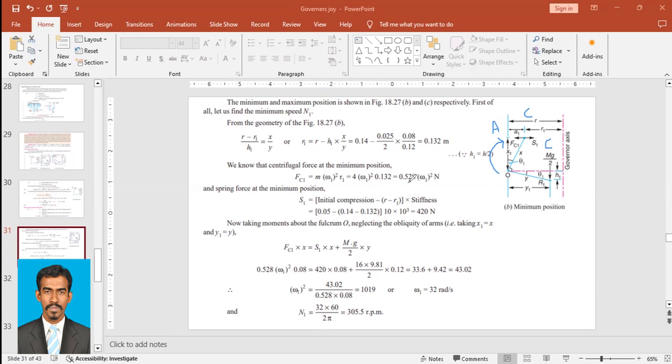FC1 we have already found as 0.528 omega 1 squared, into x, which is given as 0.08, will be equal to S1.